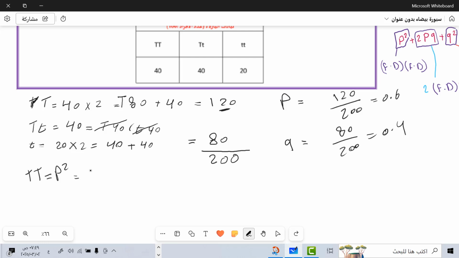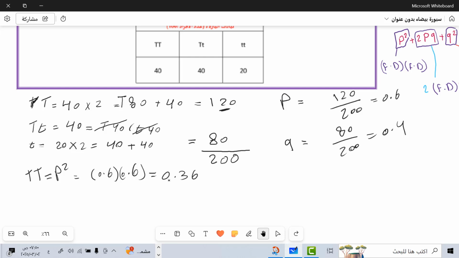This means the frequency of T multiplied by the frequency of T, 0.6 multiply 0.6 equal 0.36.